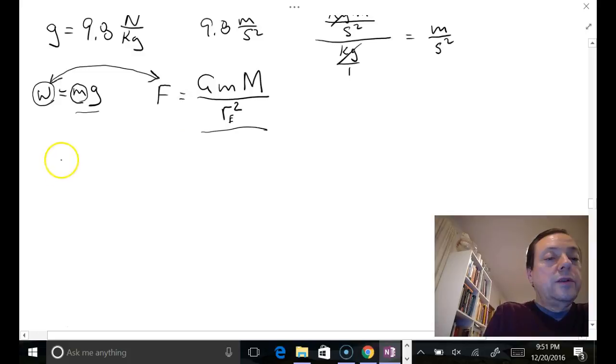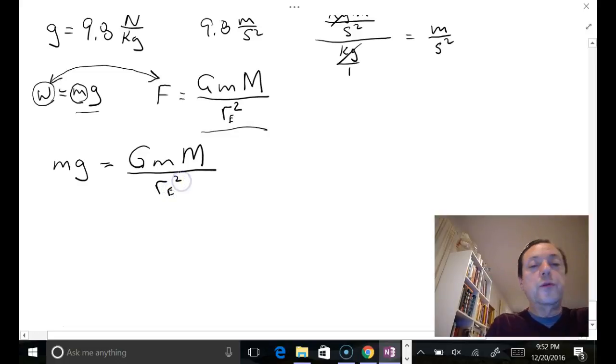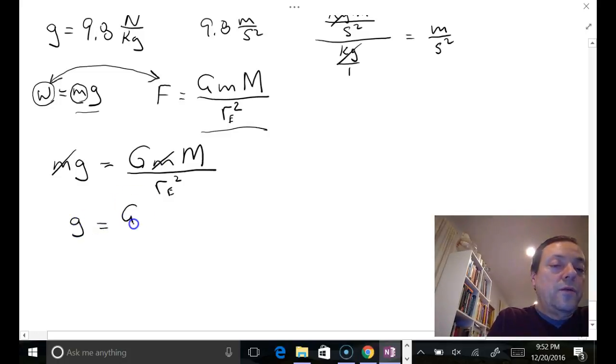And what I can say is that mg is equal to G, little m, big M, remember big M is the mass of the Earth, divided by the radius of the Earth squared. You'll notice that the little m divides out, and I now have an expression for the acceleration due to gravity.